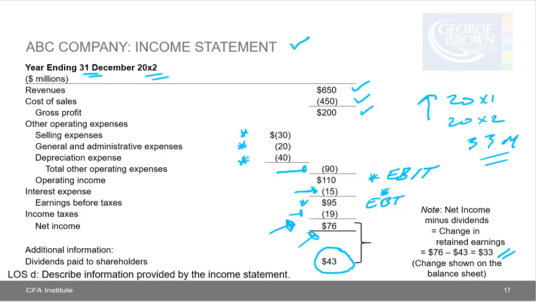That's cash money. So again, if I paid a cash dividend, assets equals liabilities plus equity, the cash would go down by 43 million and the retained earnings would go down by 43 million. So 76 million net income minus dividends gives us the retained earnings. The increase that's been retained by the company, not paid out as dividends. So that's the increase in retained earnings in 20X2.